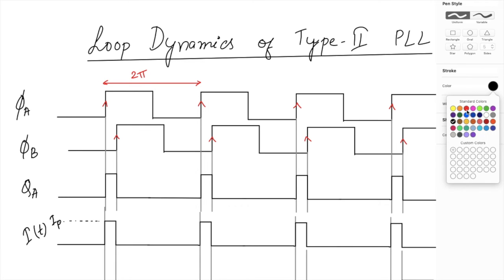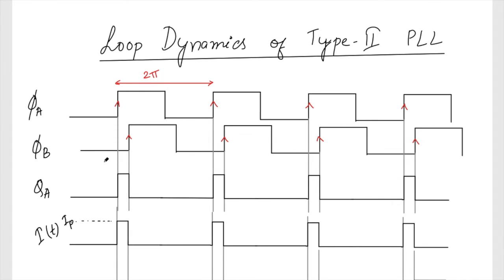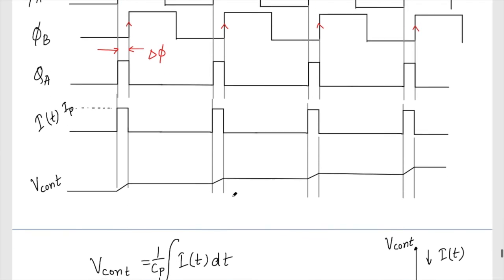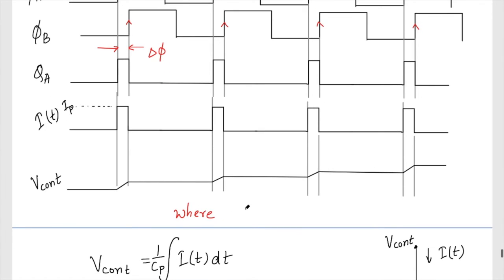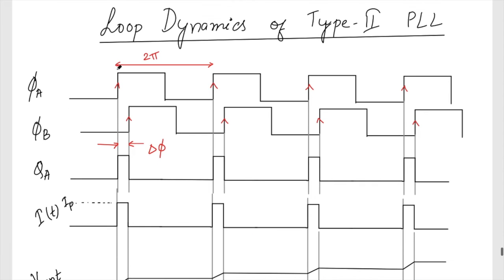If I quantify this phase difference between QA and QB to be delta phi, where delta phi is equal to phi A minus phi B. Now in a periodic cycle of 2 pi, only for a delta phi amount is the IP on.